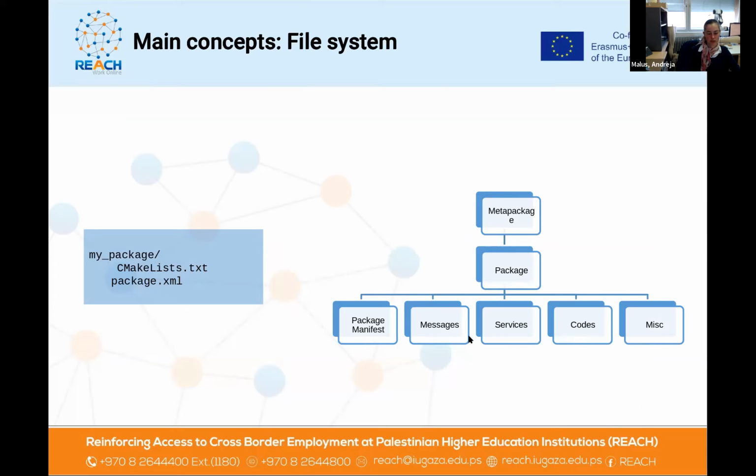For example, you can create your own messages, services, and the code that governs the behavior of your process, or node as it is called in ROS, and other stuff. And then you can have multiple packages in one metapackage that you can share, either a package or a metapackage, with other people.